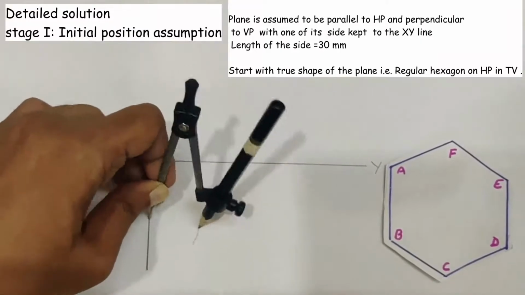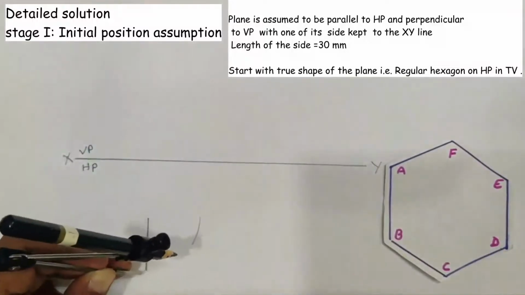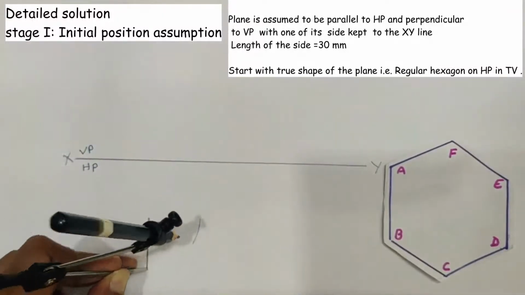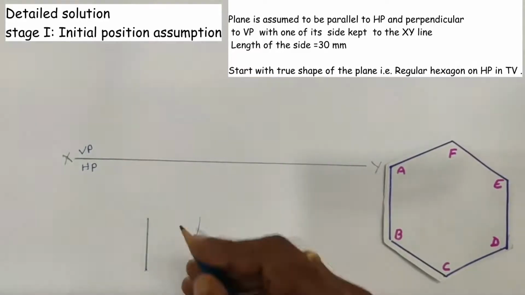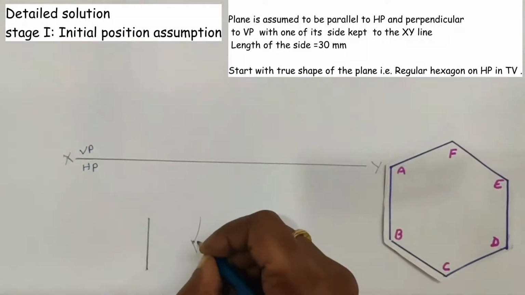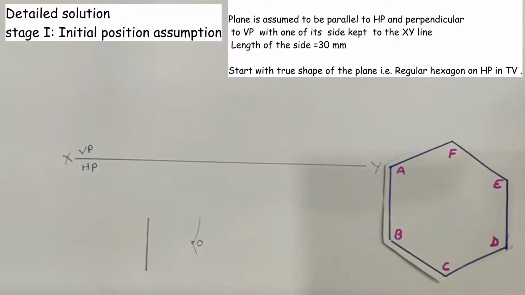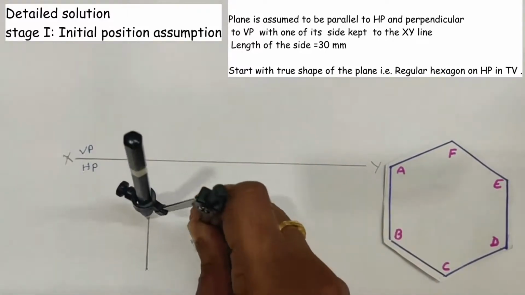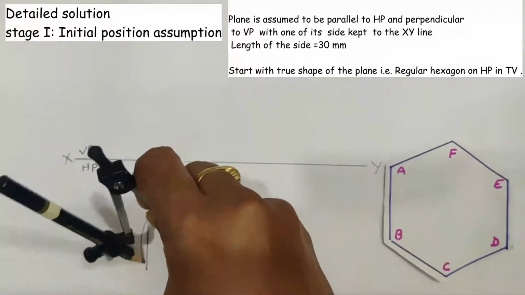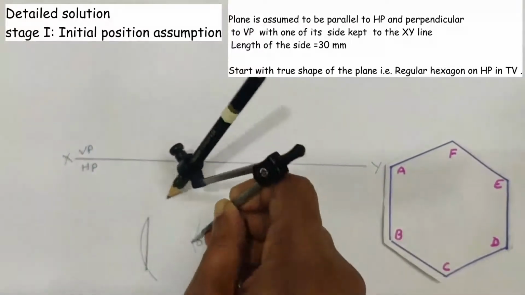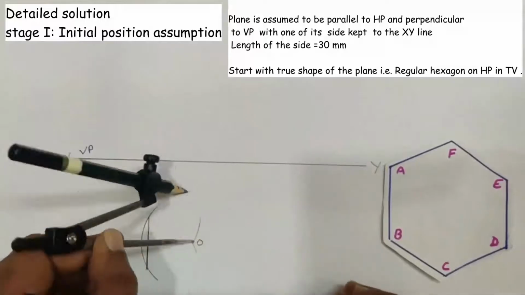Draw an arc with the same radius. With the other end of the side as a center, cut the already drawn arc and name this intersection point as O. With O as a center and OA or OB as radius, draw one circle.